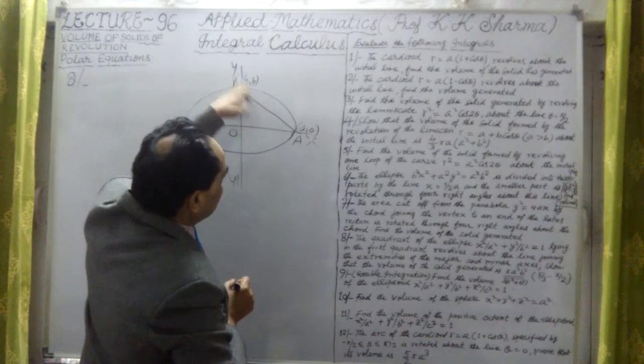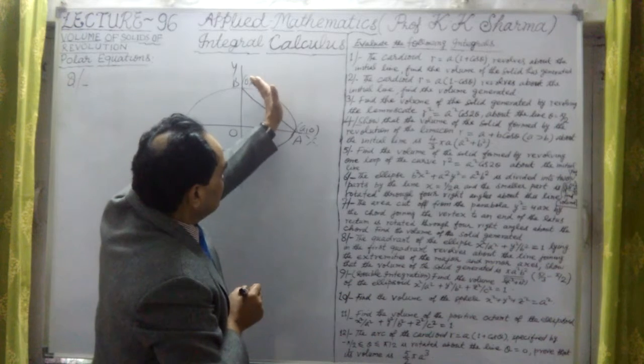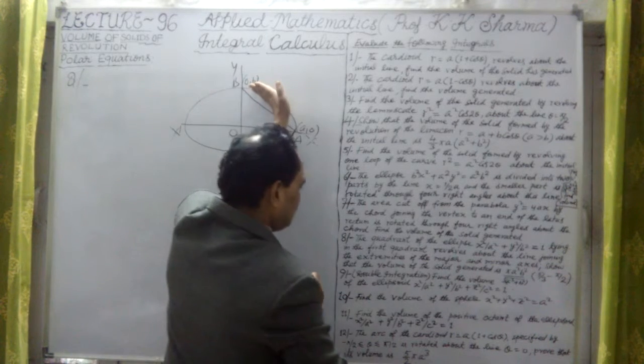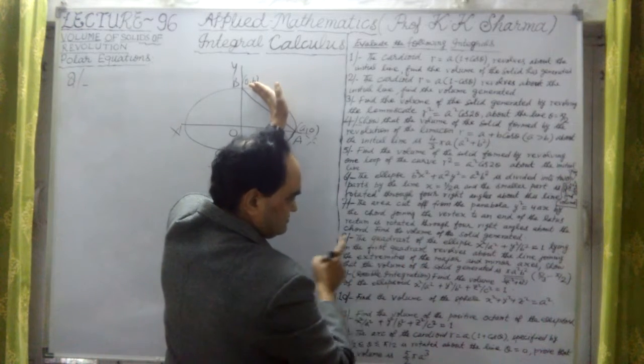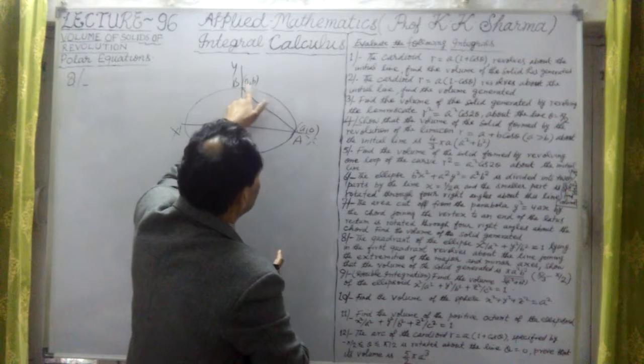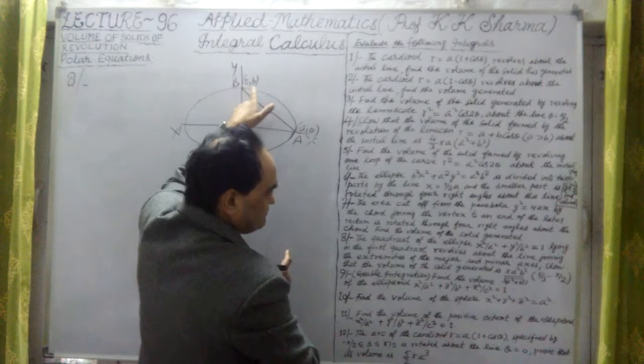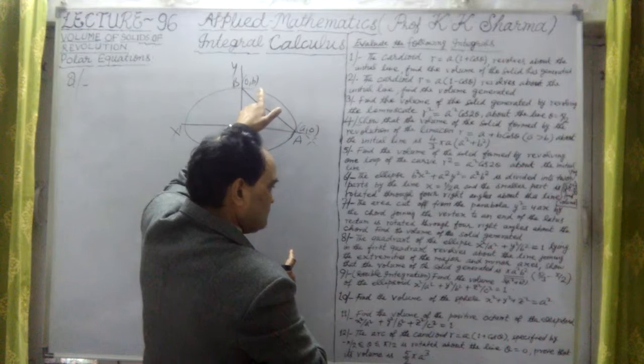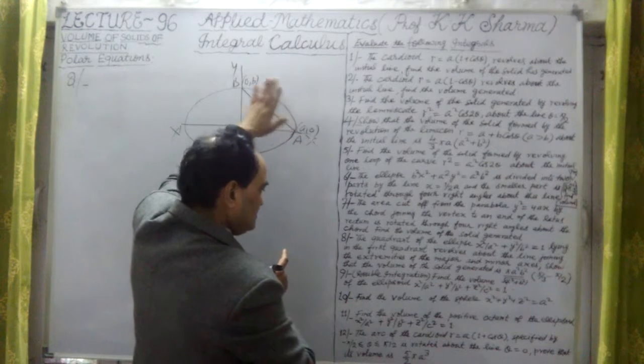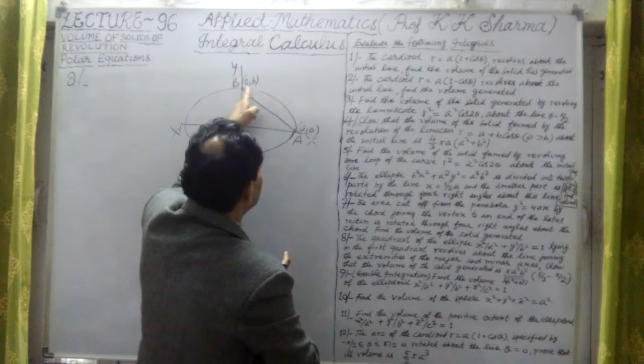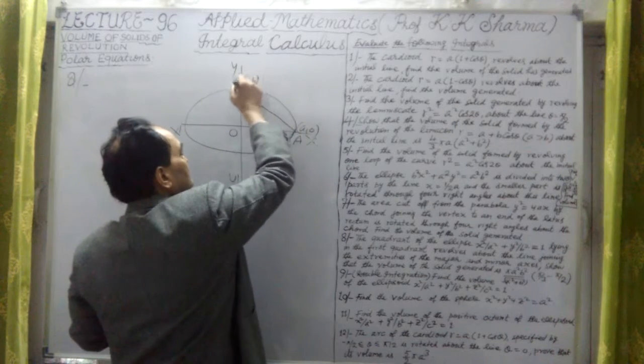So these two are joined. Then it says the quadrant of the ellipse, one quadrant of the ellipse in the first quadrant. This is the quadrant here, AB is the quadrant.